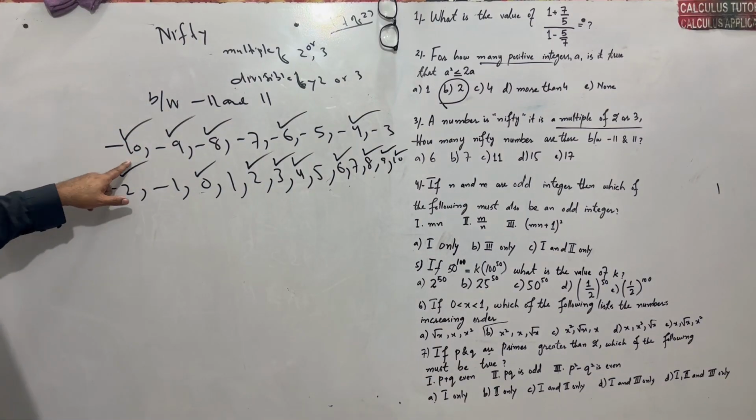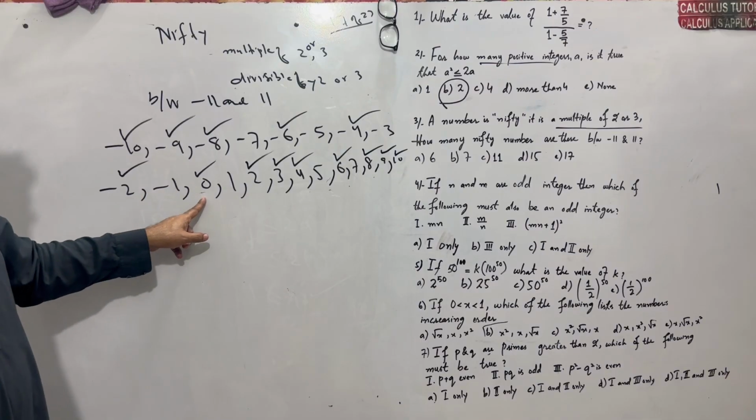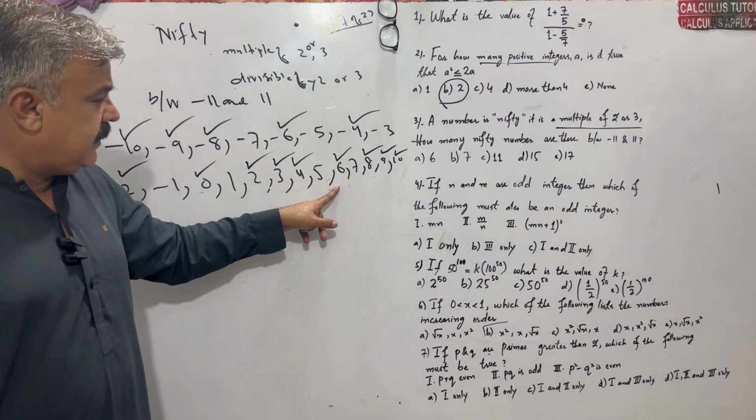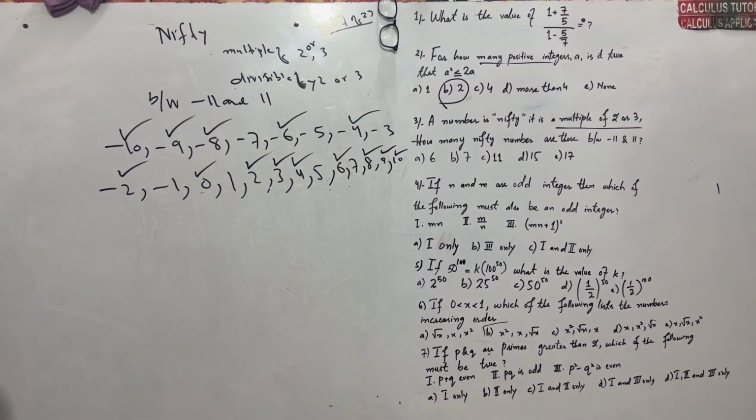Just count the numbers. 1, 2, 3, 4, 5, 6, 7, 8, 9, 10, 11, 12, 13, 14. Might be one number is missing, let me count again.